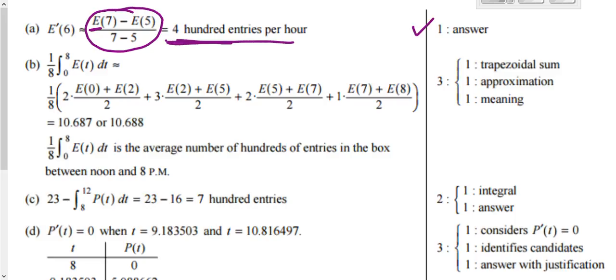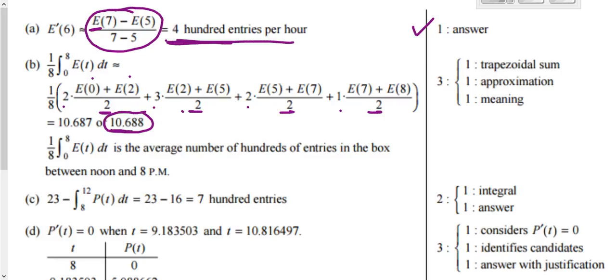The second one, we did all of these. We just plugged them in. Here's our 1/2 down here, all these dividing by 2s, okay? And our heights are here, 2, 3, 2, and 1. That's what we had on our paper. And we added E of 0 and 2, and then 2 and 5, and then 5 and 7, and then 7 and 8. When we added all that up, we rounded to 10.688.